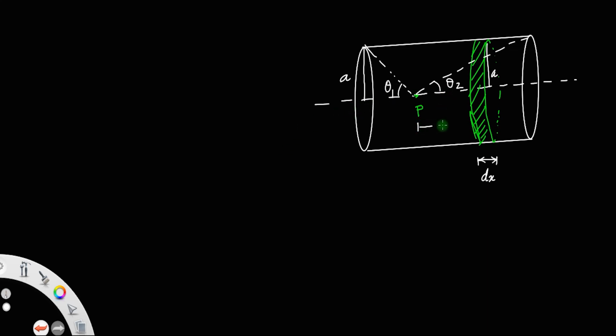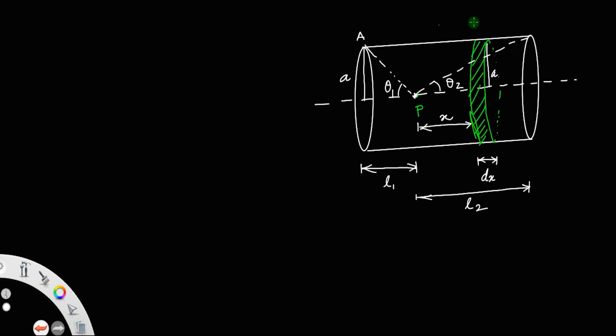Let the point P be at a distance of x units from the thin strip. Clear? Let the length from this point to one of the extremes be L1, and to the other end the length be L2.